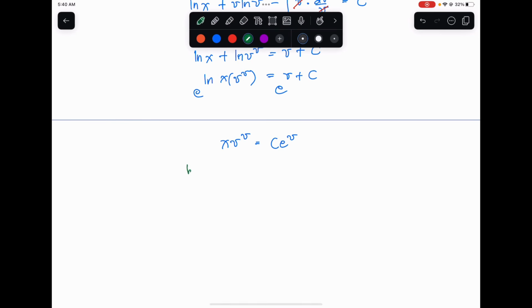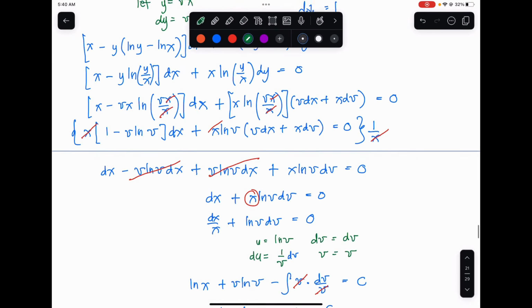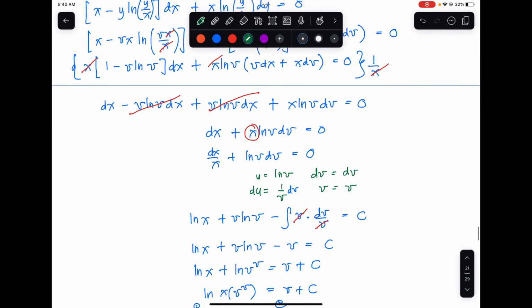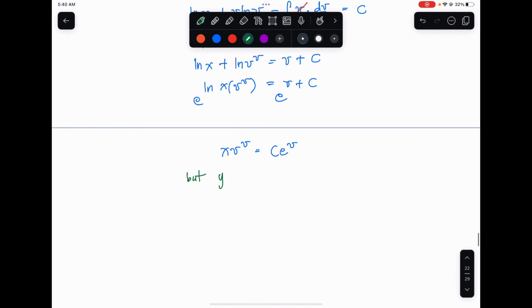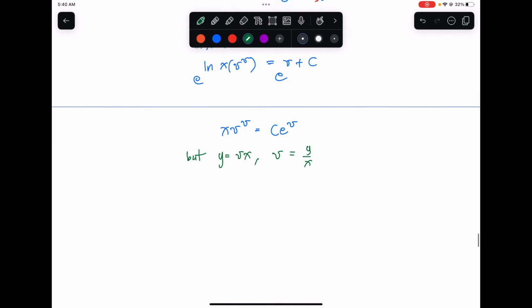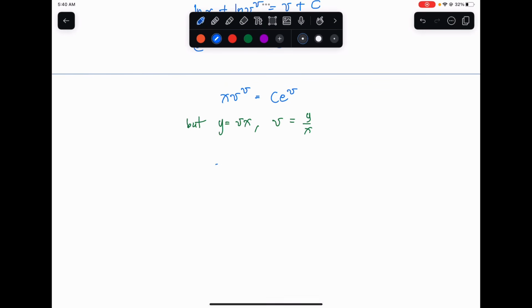But we made our assumption that y equals vx, therefore v is y over x.